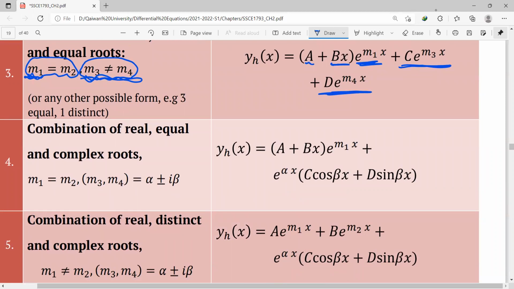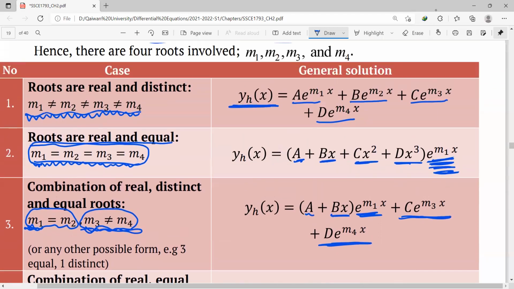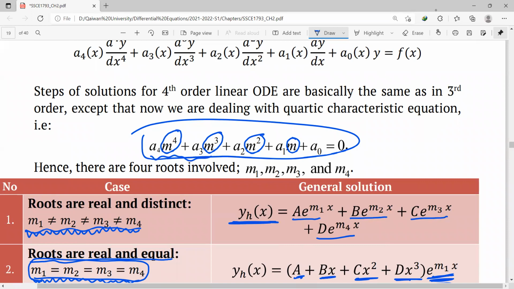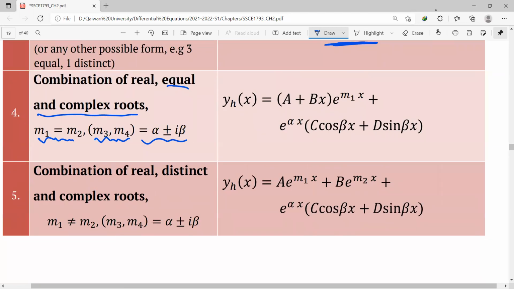Now, if we have the combination of equal and complex roots, if m1 equals m2, but m3 and m4 are complex numbers. In solving this characteristic equation, we get four roots, or four values for m. In this case, two of them are equal and the other two are complex numbers. For the equal ones, we say a e to the power m1x plus bx e to the power m1x.